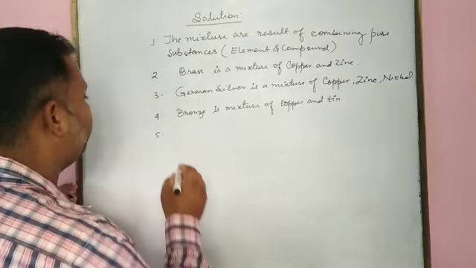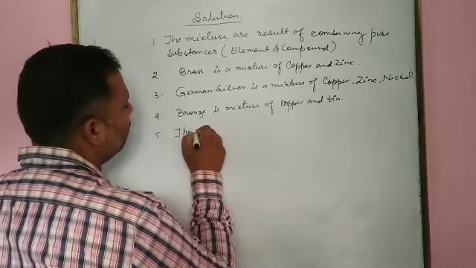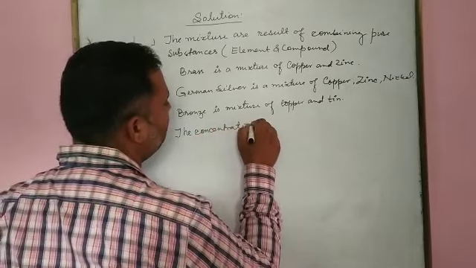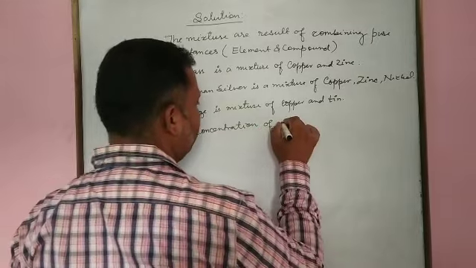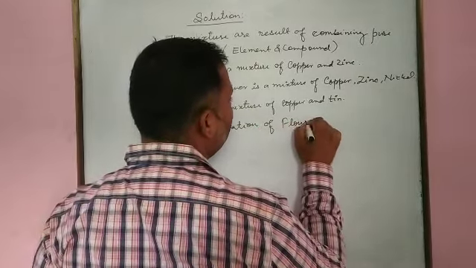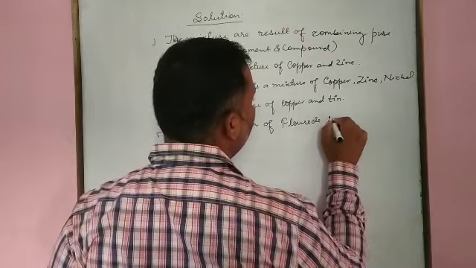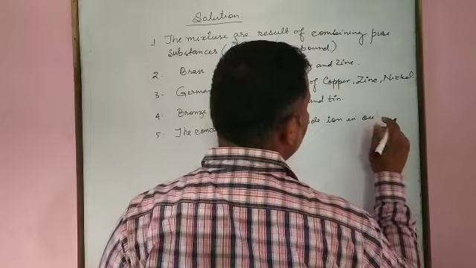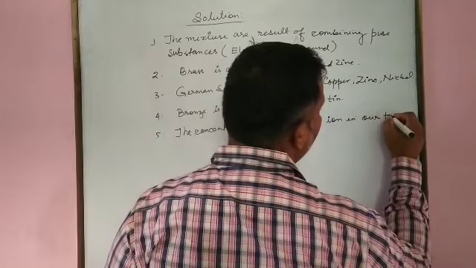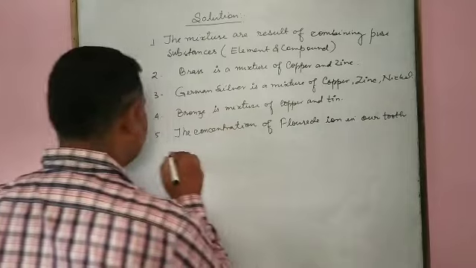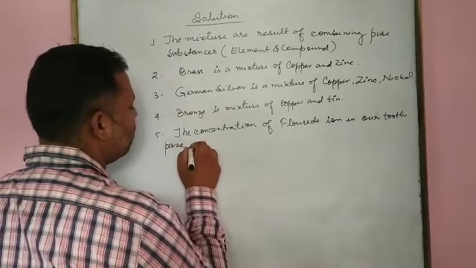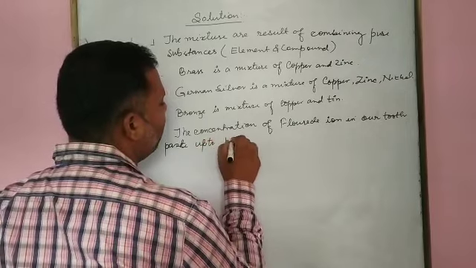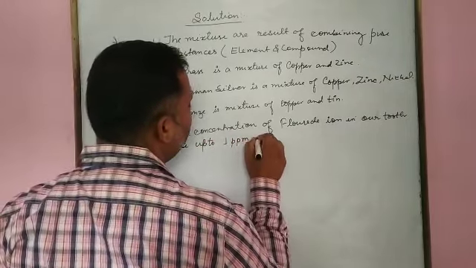The next one is the concentration of fluoride ion in our toothpaste. Up to 1 ppm is beneficial.